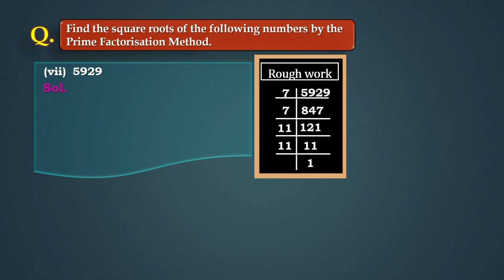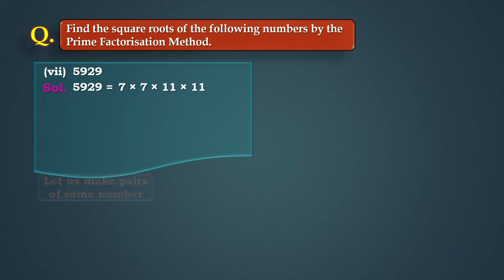So, we can write 5929 as 7 multiplied by 7, multiplied by 11, multiplied by 11. Now, let us make pairs of the same numbers. We have one pair of 7s and one pair of 11s. Next, take one number from each pair.